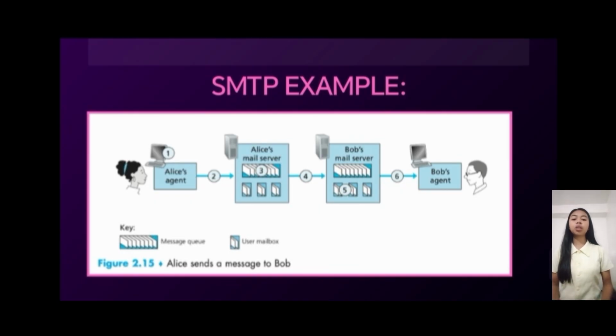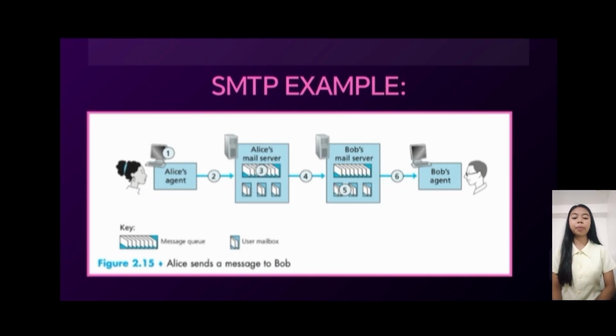Both mail servers communicate at port number 25 through the TCP connection. In step 4, SMTP sends Alice's message over the TCP connection, transferring it from Alice's mail server to Bob's mail server and putting the message in the incoming message queue of Bob's mail server.